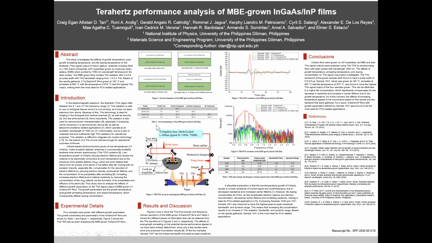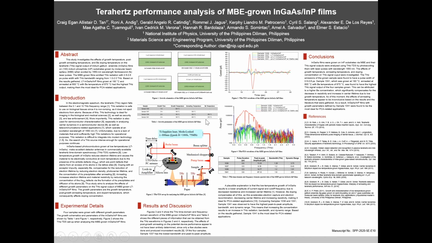So in this study, we analyzed the effects of different growth parameters on the InGaAs films, which are the growth temperature, post-growth annealing temperature, and the beryllium temperature, which affects the dopant concentration, which is beryllium.